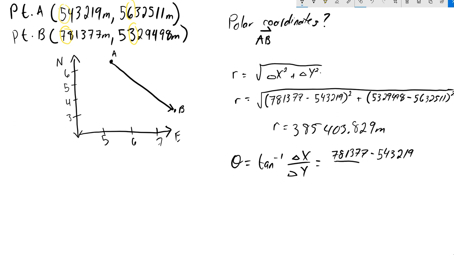And you'll see why in a moment. So 5329498 minus 5632511. That should have tan negative 1 here. Give you a chance to calculate that.